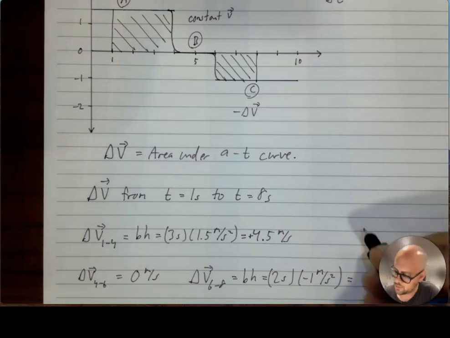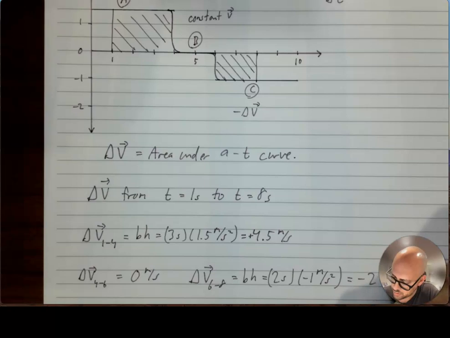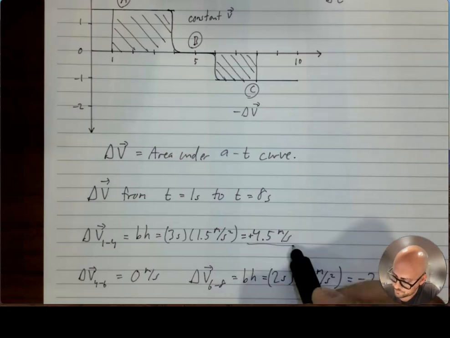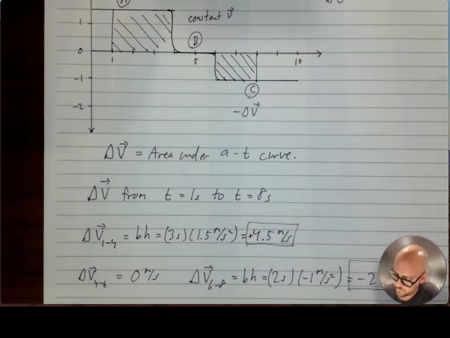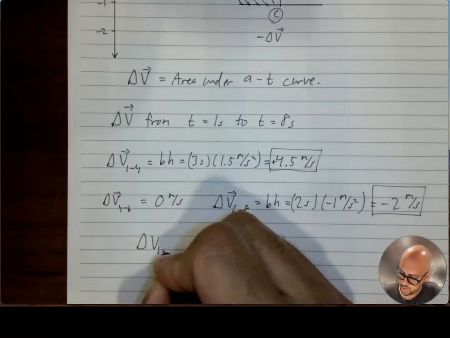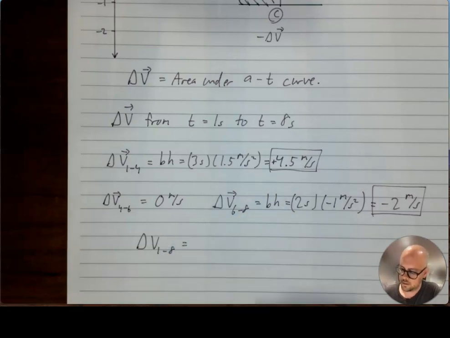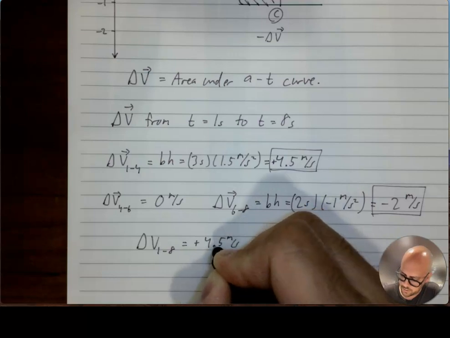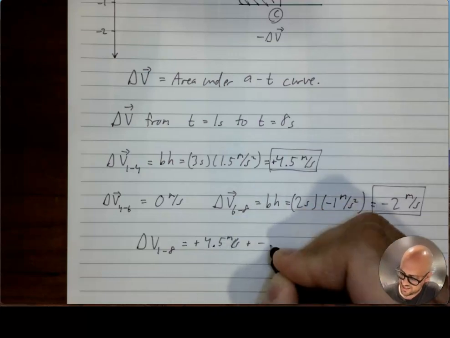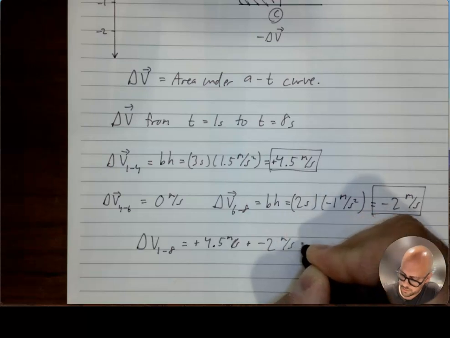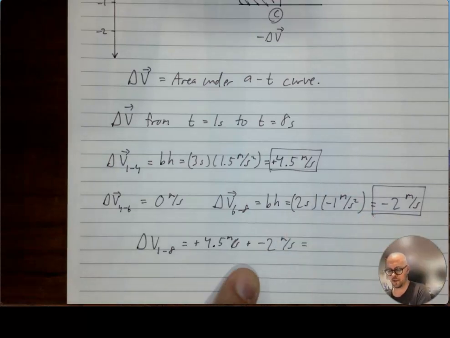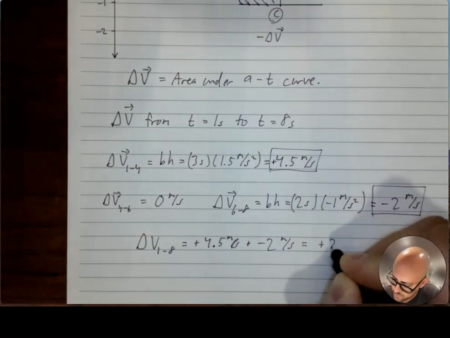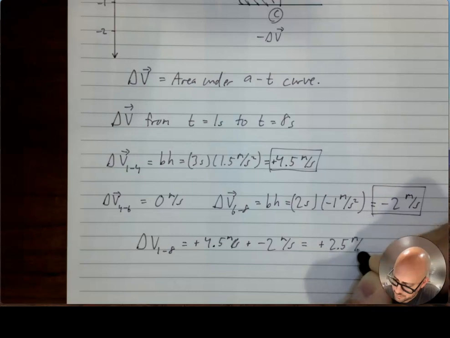And so my change in velocity is -2 meters per second. So my total change in velocity from 1 to 8 seconds is going to be positive 4.5 meters per second plus -2 meters per second. So essentially 4.5 minus 2, I skipped the 0 here, I have a positive 2.5 meters per second.